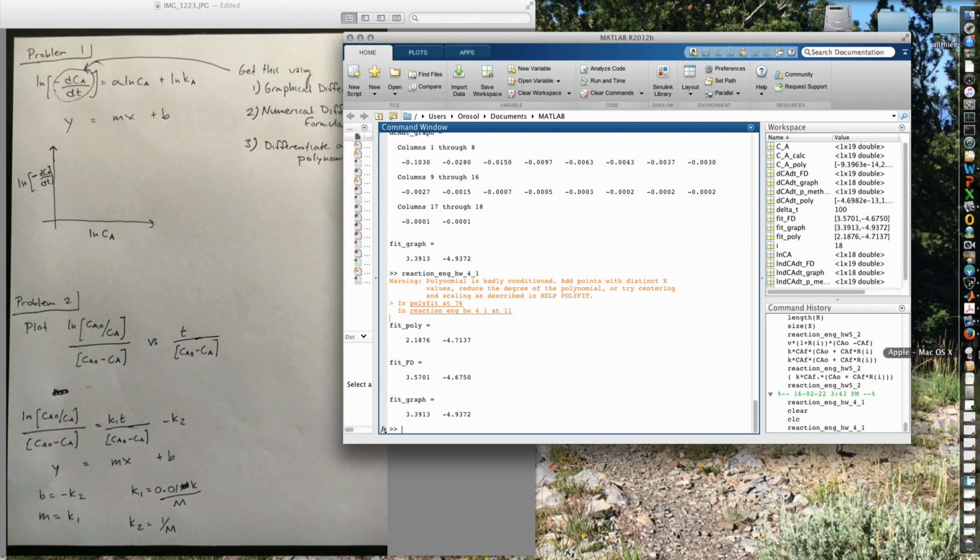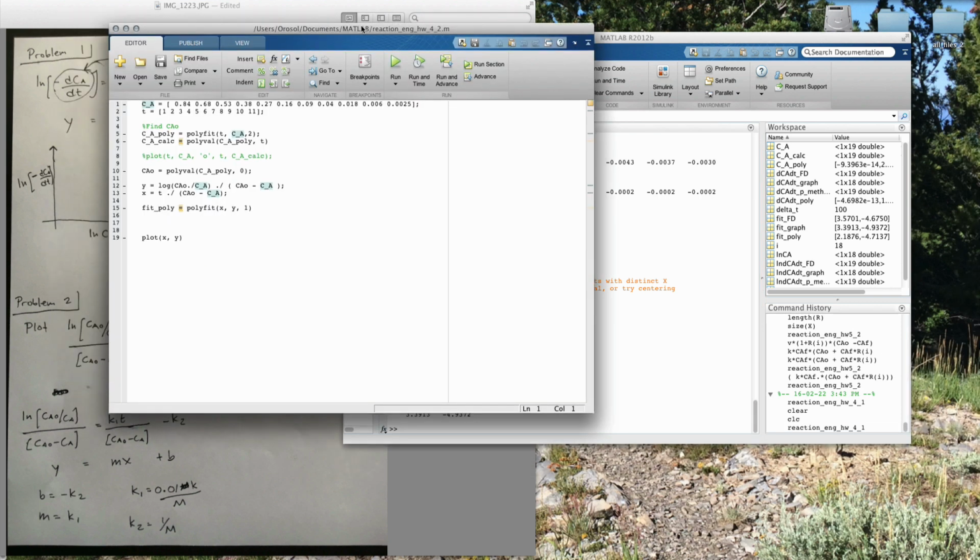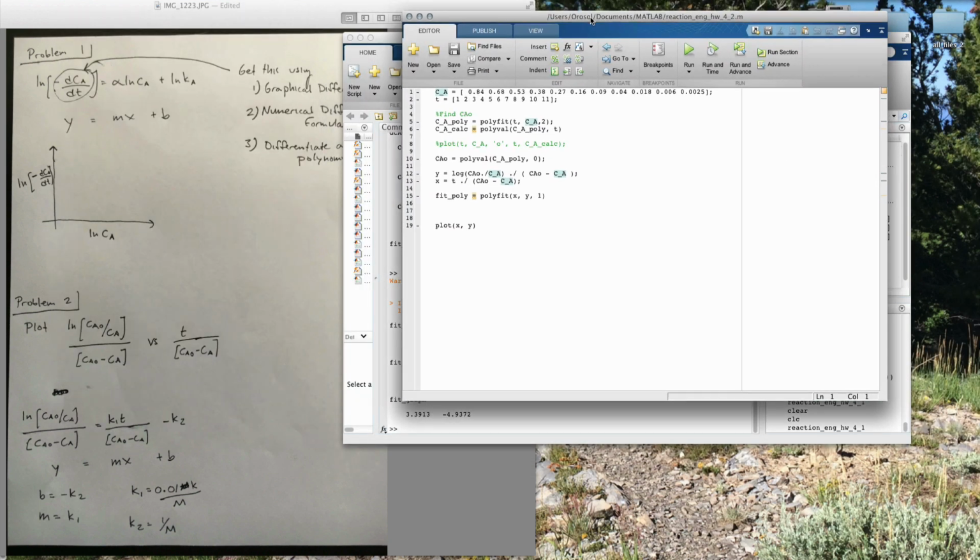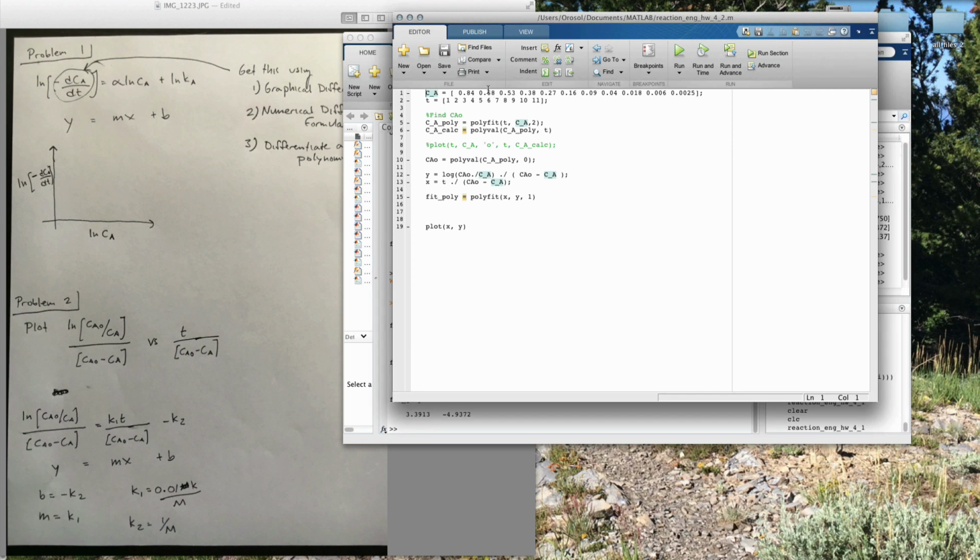So if I pull up number 2, this was actually really simple, because you could have probably done this in Excel or some other program pretty easily. You put in your data: Ca is equal to this, t is equal to this. I know that a lot of people ended up using 0 for Ca0, but I actually went in and fit the data, and I used a second degree polynomial for that.